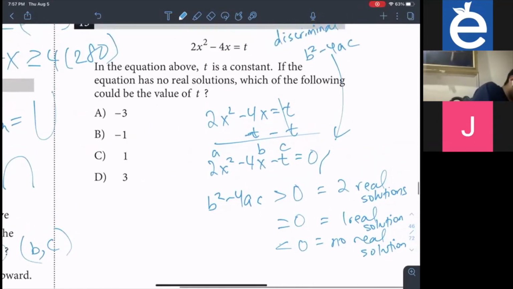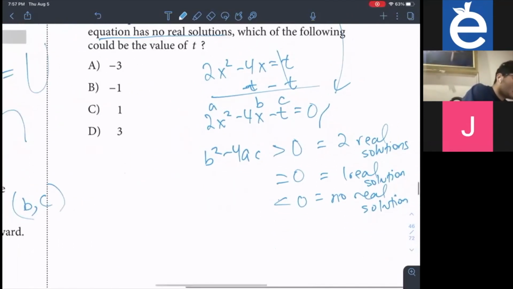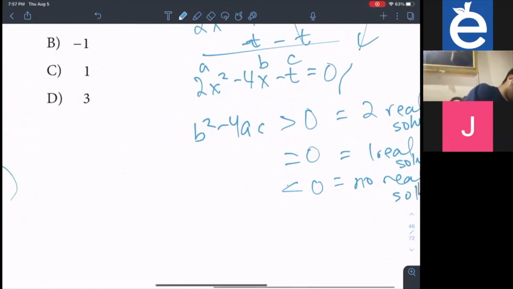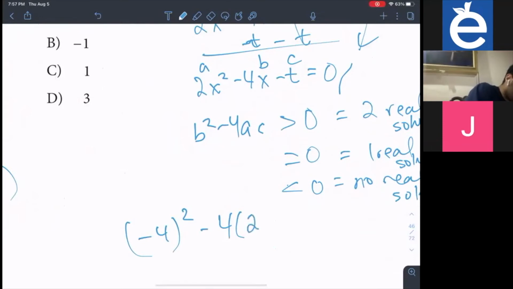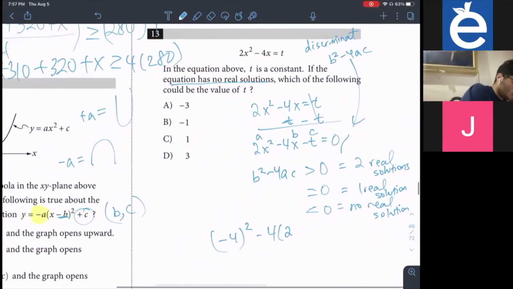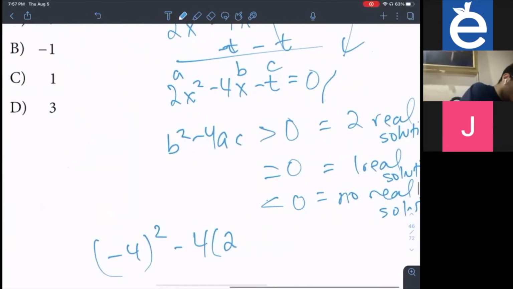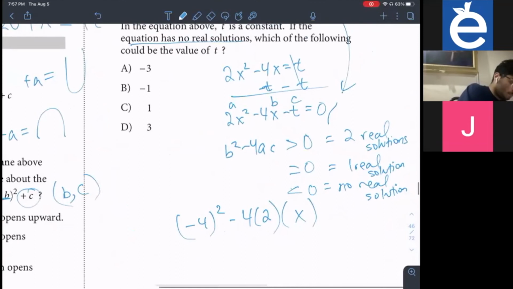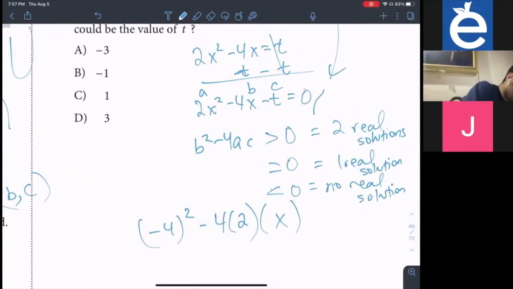Since it's asking if the equation has no real solutions, we have to know that the value of the discriminant must be less than 0. So we can plug in the values that we have. We know b is negative 4, so negative 4 squared minus 4 times 2 times negative t is less than 0.